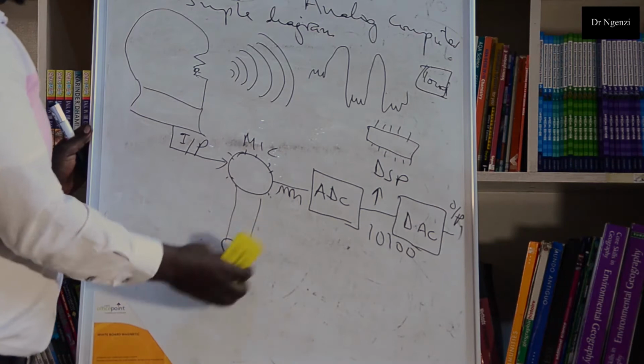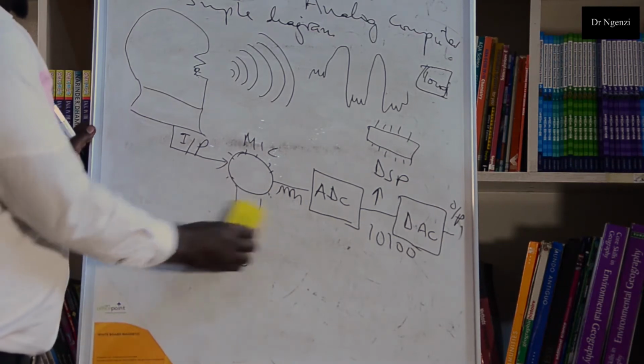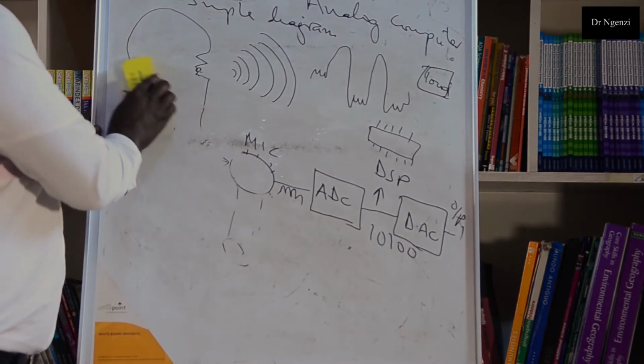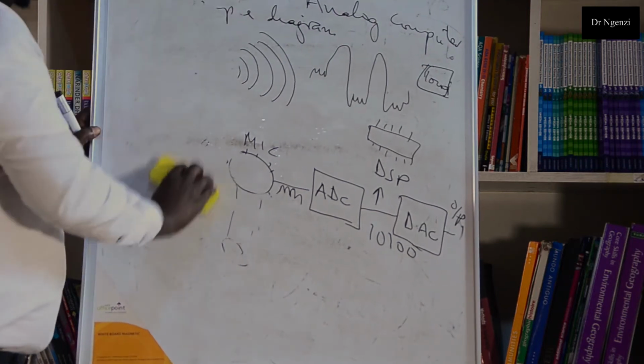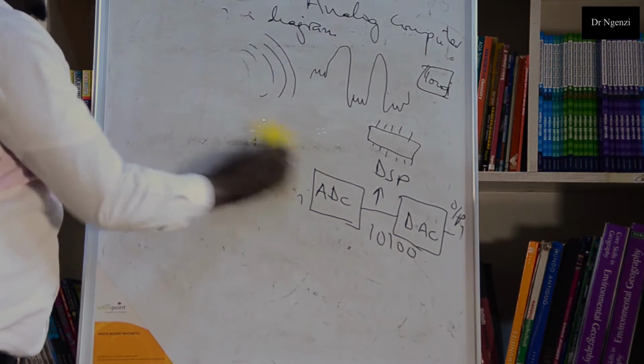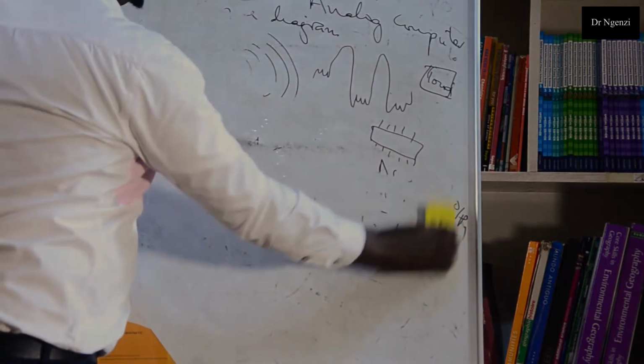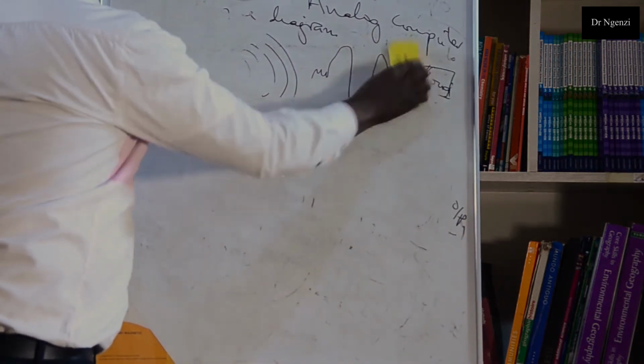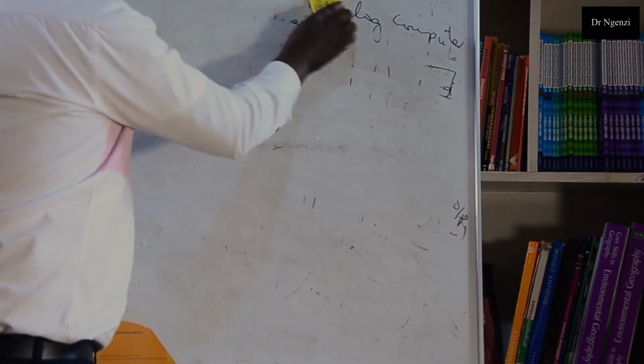Let me first remove this, and then I give you the full diagram, if you are asked to draw and explain the diagram of DSP. You can draw and explain their functions easily, so that everyone can understand.